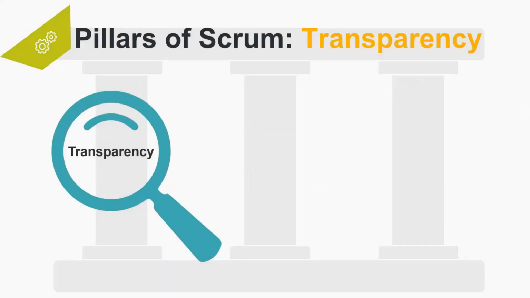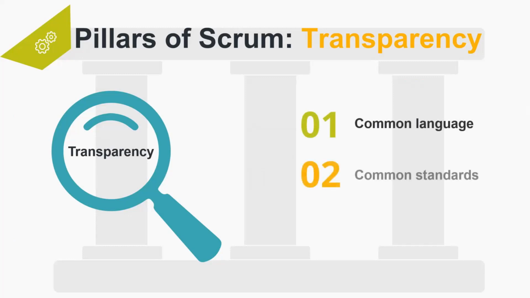It means all team members speak a common language, share common standards, and clearly understand the definition of done. Also, all teammates know what everyone is doing, how, why, and what the next steps are. Transparency also implies a high level of predictability within the team. Every team member should be able to read a given situation in the same way.